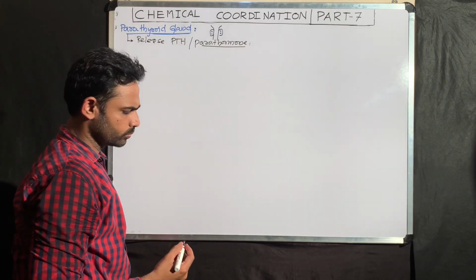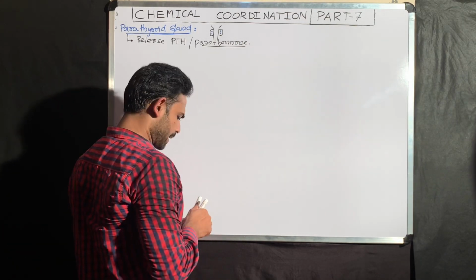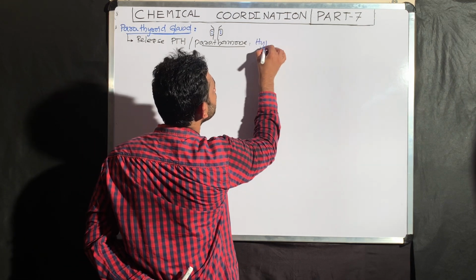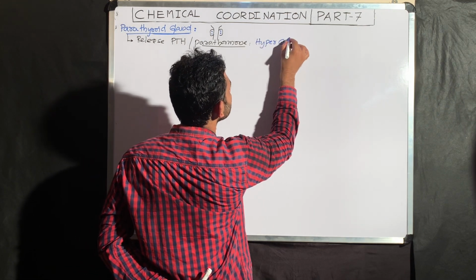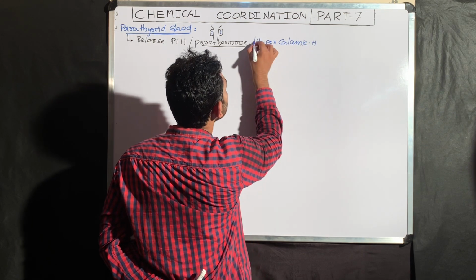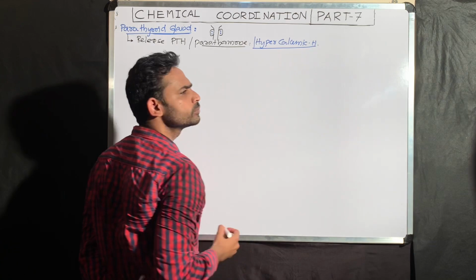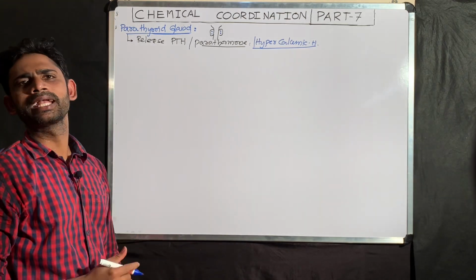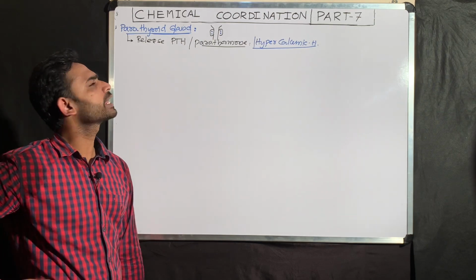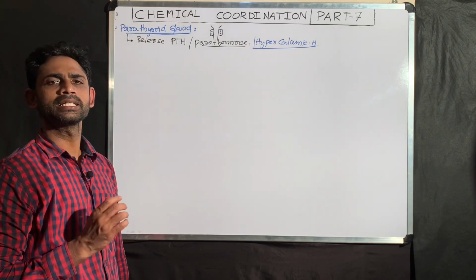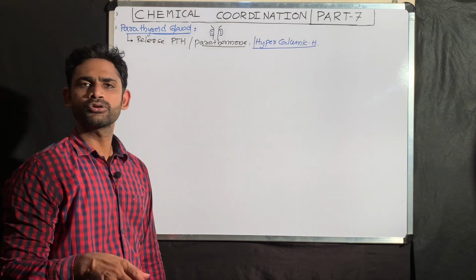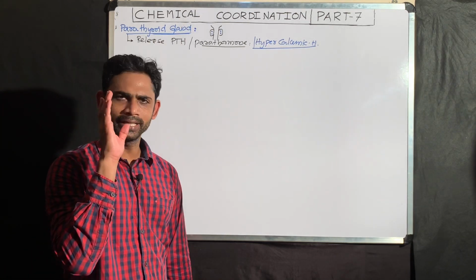This parathyroid hormone is a hypercalcemic hormone. What is the meaning of hypercalcemic hormone? It is responsible for the increase in blood calcium level. So who is against this parathyroid hormone? That is thyrocalcitonin or calcitonin, produced by the parafollicular cells of the thyroid gland.